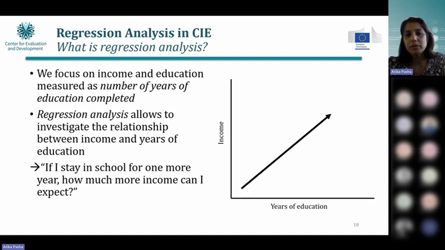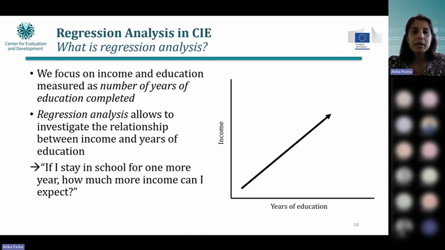So this is 0 years of education, if you remember, and then 1, 2, 3, and so on until you go to the highest years of education you can achieve or find in your data set. On the other side, you, of course, graph your income. Of course, this is 0 income, and then you continue going upwards all the way to whatever the highest amount is in your data set. Let's say 200,000 Ugandan shillings in our previous example from yesterday.